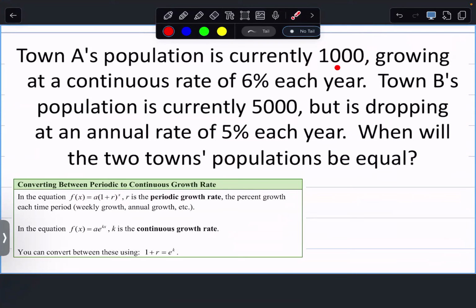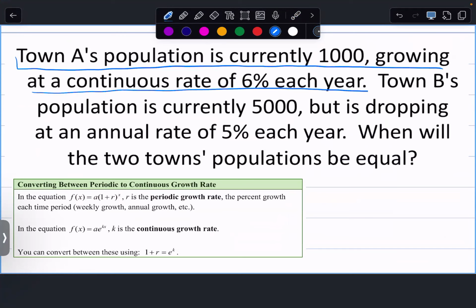We have town A starting at 1,000 and it's growing at a continuous rate of 6% each year. Now I'm going to just underline all the town A information in blue, and then I'll underline all the town B information in orange.